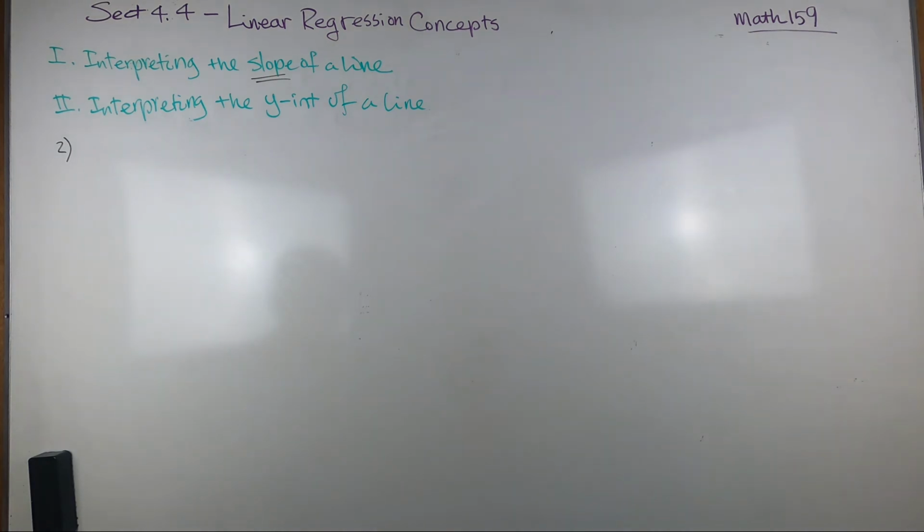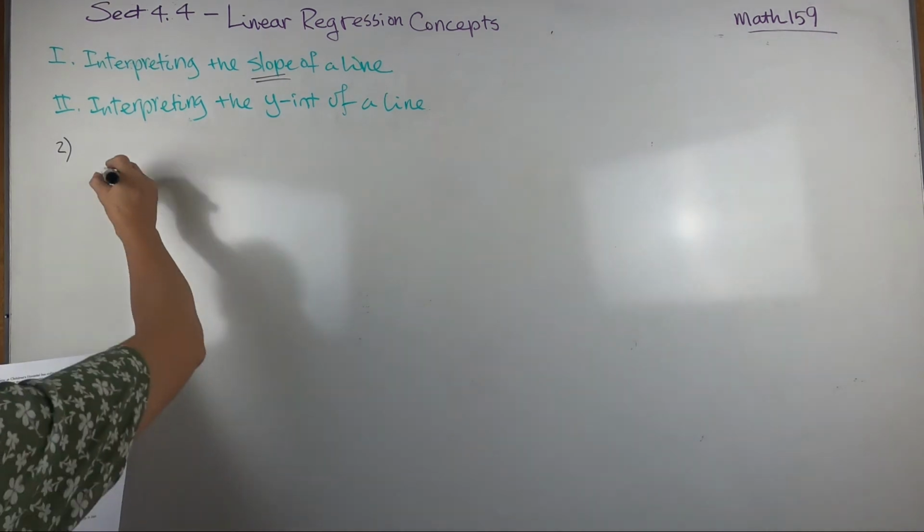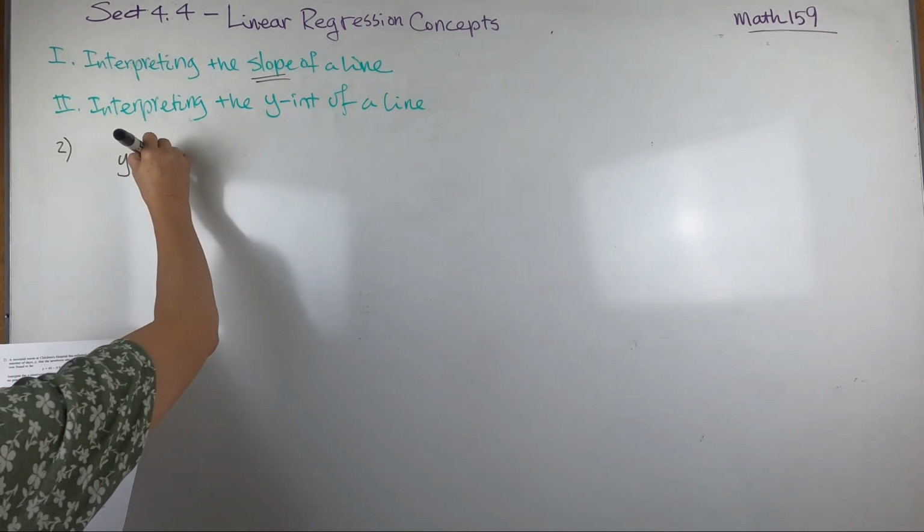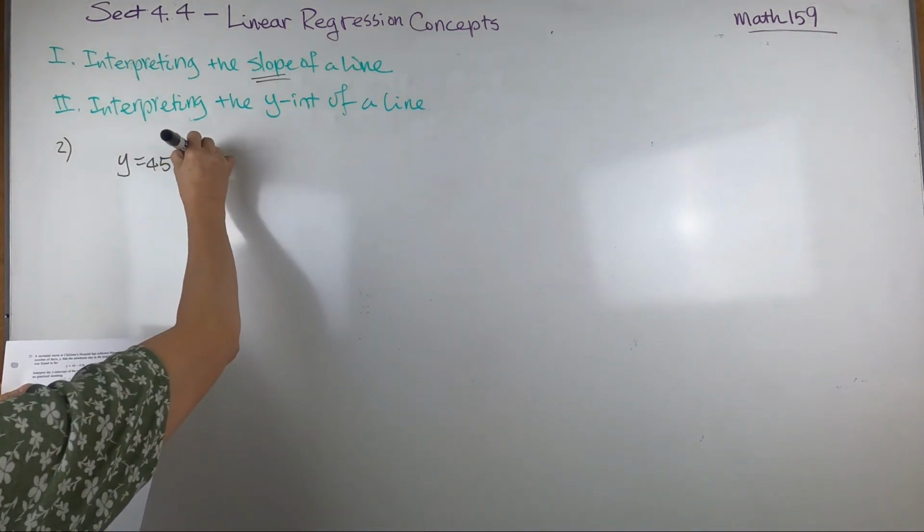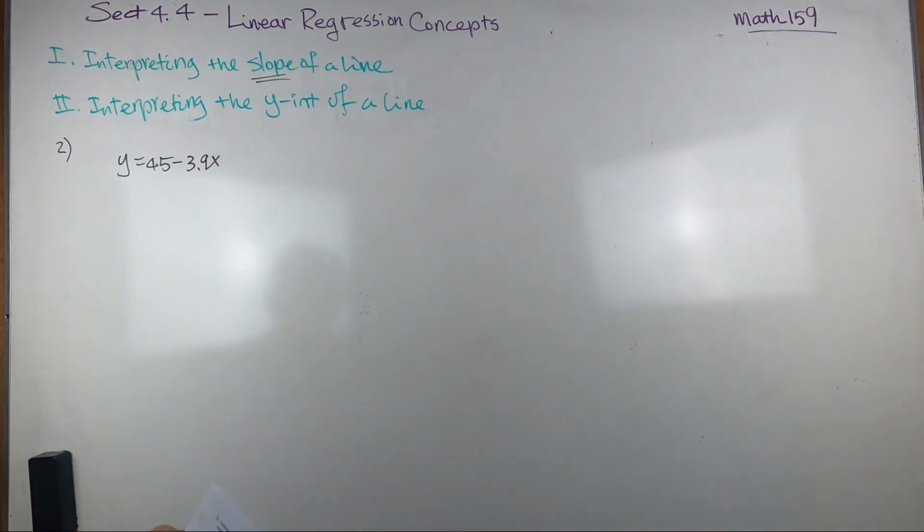The equation of the regression line was found to be y equals 45 minus 3.9x. Interpret the y-intercept of the regression line in the context of the study, or explain why it has no practical meaning. Let's see. What are we talking about?